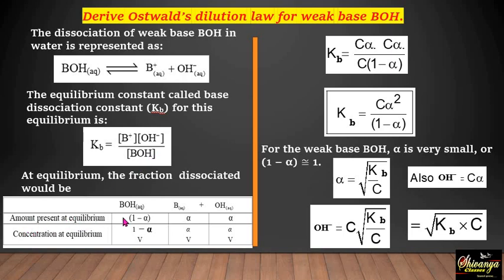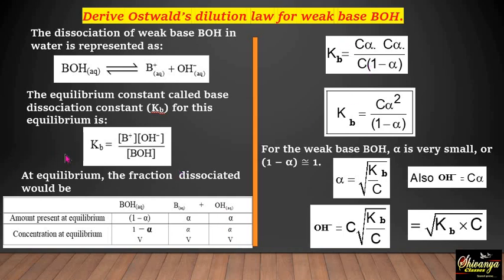The amount present at equilibrium is 1 minus alpha. Concentration of B+ is alpha, concentration of OH- is alpha. Amount divided by volume, that is (1 minus alpha) divided by V, alpha by V and alpha by V.